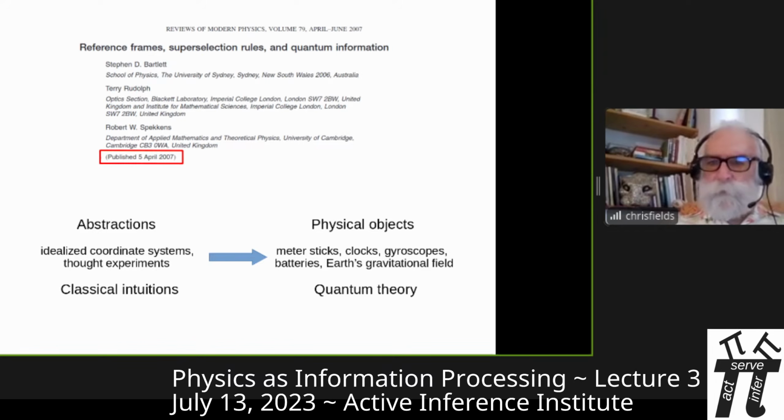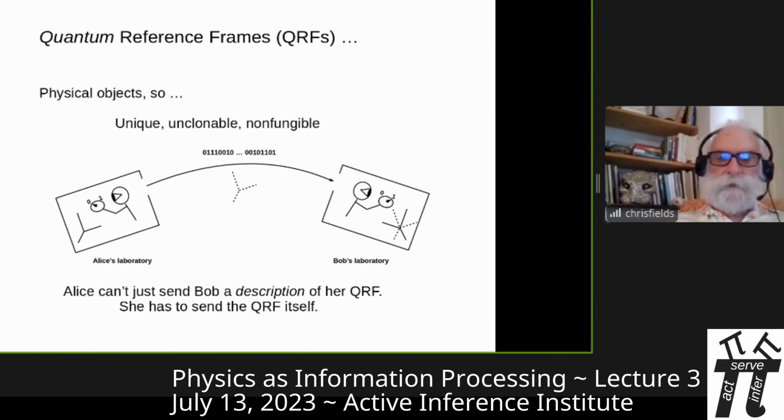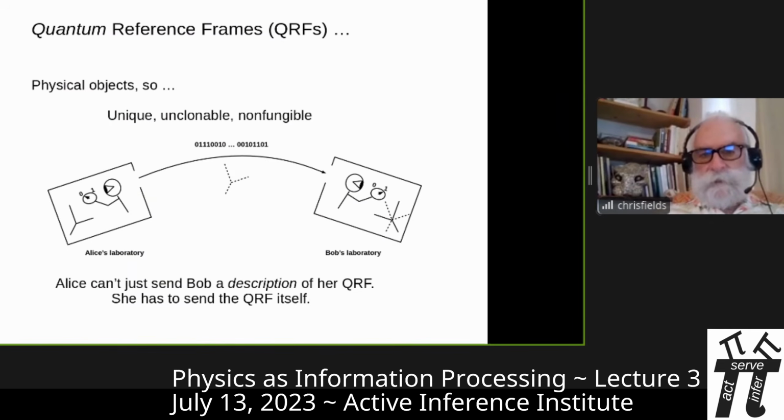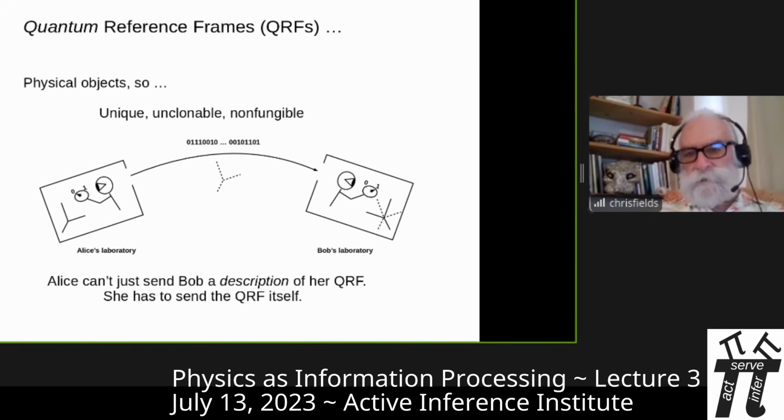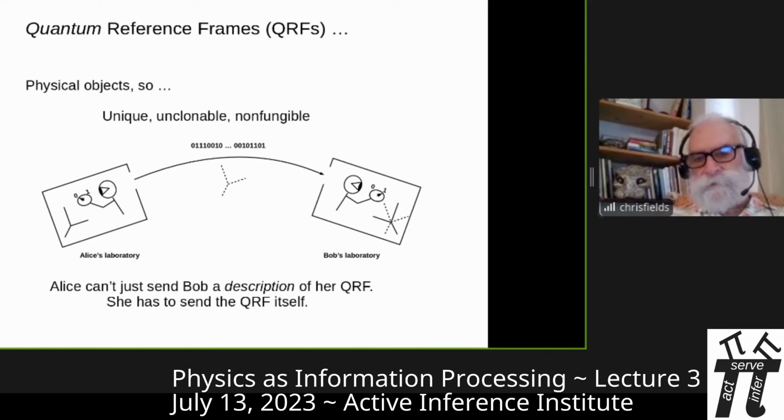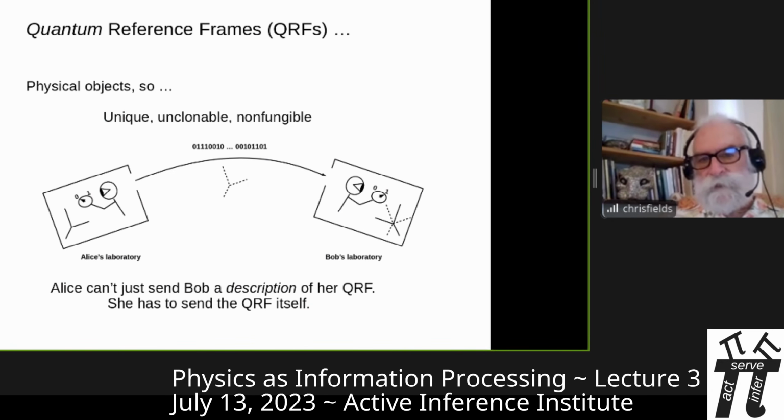Well, this was an important insight because it led to the realization that reference frames as quantum systems are unique. And uniqueness in quantum theory is very strong. There's the no cloning theorem, which states that you can't exactly reproduce any unknown quantum state.